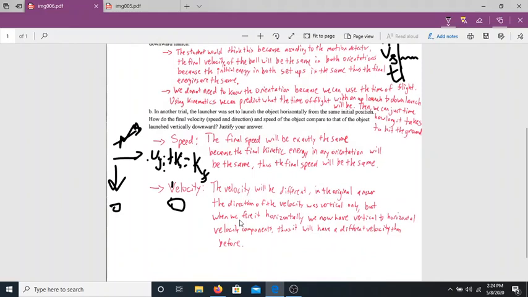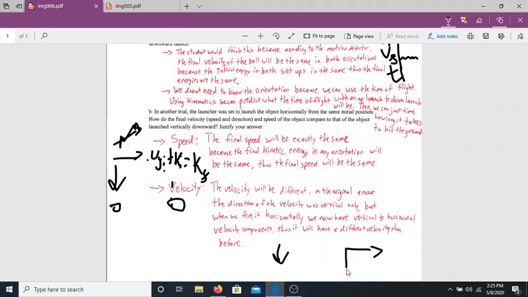The velocity question, though, is a little bit different. Velocity, if you remember, is not only dependent on the speed, but it's dependent on the direction that it's going as well. Well, if I talk about the one where it's just launched straight down, all it has is negative velocity, a negative y velocity. But when I've now launched it horizontally, it not only has velocity in the down direction, because it's falling, but it also has horizontal velocity because I launched it that way.